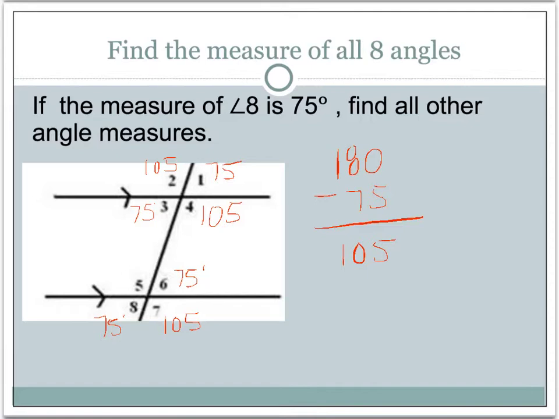And angle 5 can be found to be 105 degrees also, because it's either vertical to angle 7, or corresponding to angle 2, or even same side interior to angle 3. And we know again by the same side interior angle theorem that those two angles must be supplementary since the lines are parallel. So because we knew one angle measure and the lines were parallel, we could find all 8 angles.